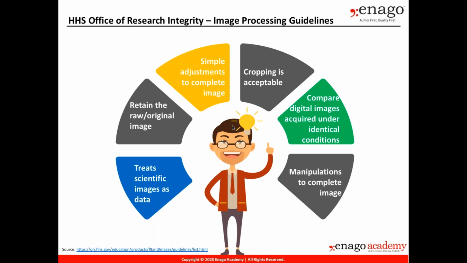Your camera is working well, and also whoever's giving you the images is actually producing the same amount of background when the microscope is set the same way, or the same amount of background when the gel is stained in the same way. And then last, you can do manipulations to complete the image. That is, you can add a scale bar. That'll probably be required by a journal. You can add labels. Photoshop makes it very easy to do that sort of thing, okay?